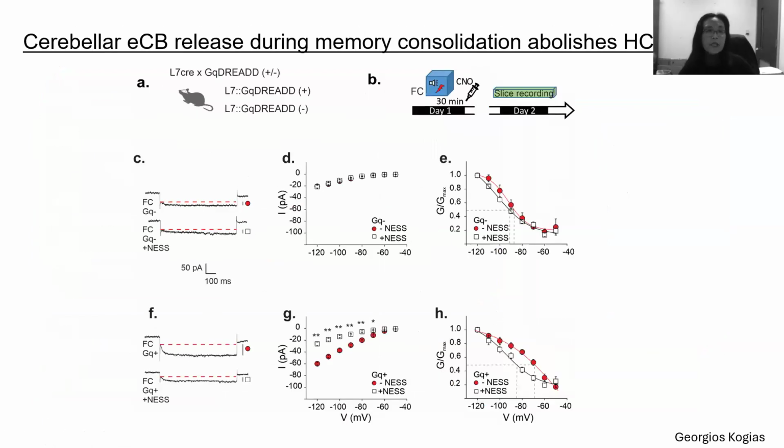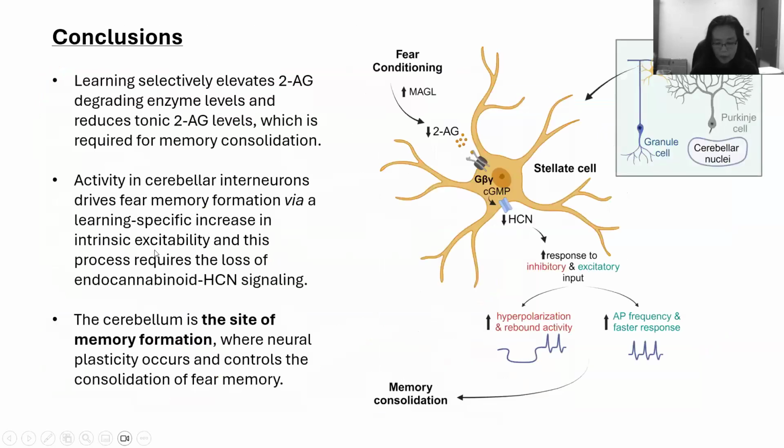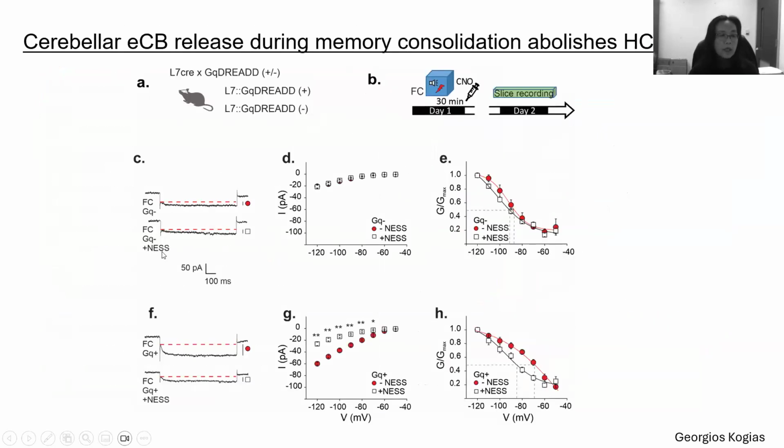And very briefly, we went back to the early study to see whether activating GQ DREADD in Purkinje cells also affects the IH currents. In the GQ negative animals, we show a decrease in IH currents, and the CB1 receptor antagonist didn't do anything.